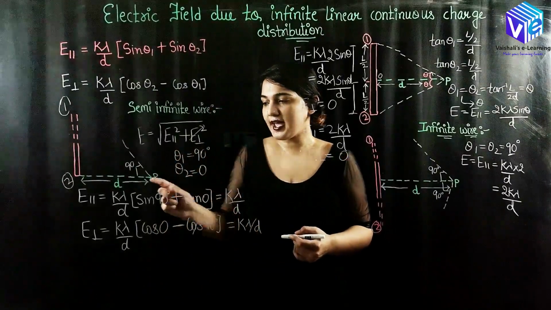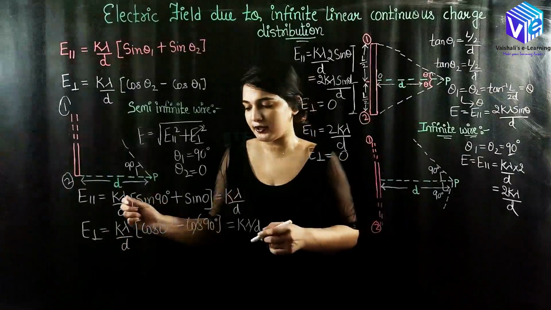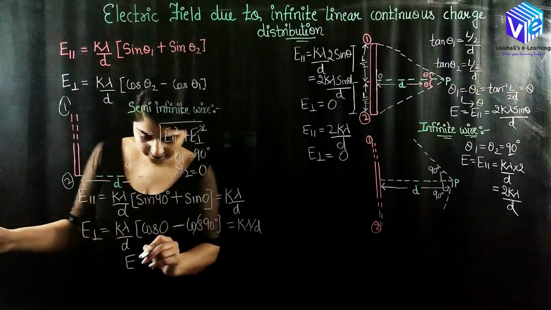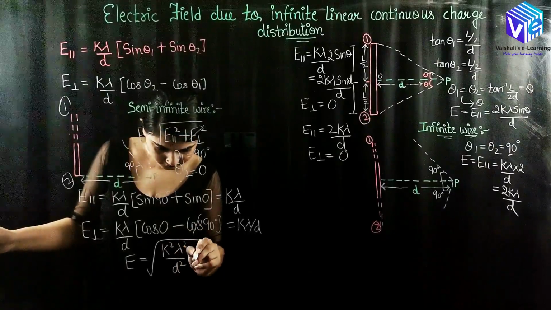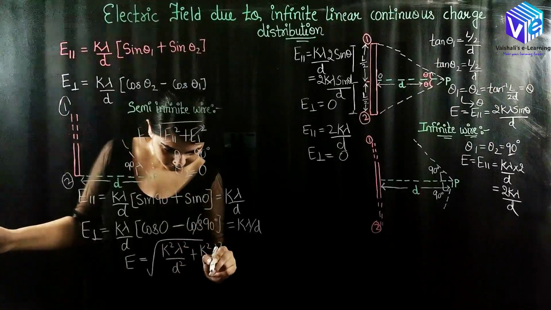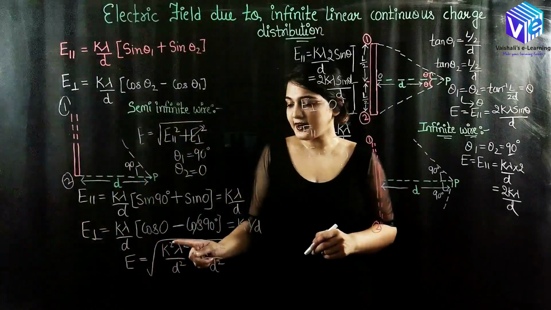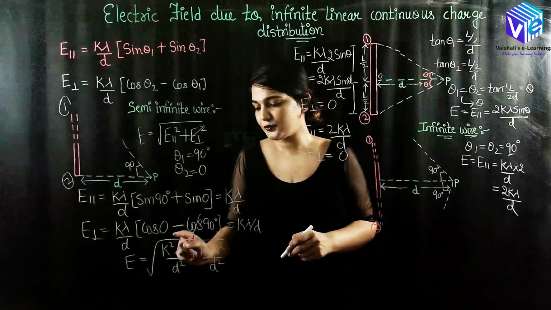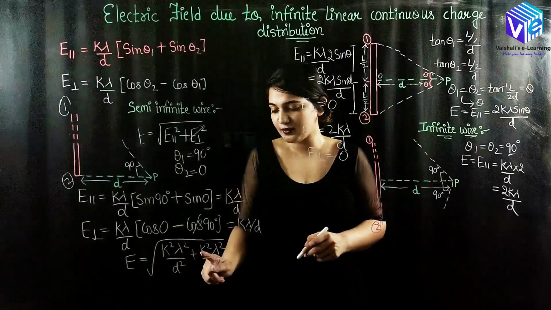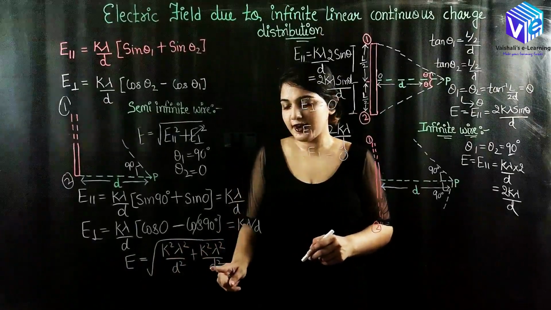Now we have E parallel, we have E perpendicular. So we can find out E. E will be under root E parallel square plus E perpendicular square. So under root k square lambda square upon d square plus k square lambda square upon d square.